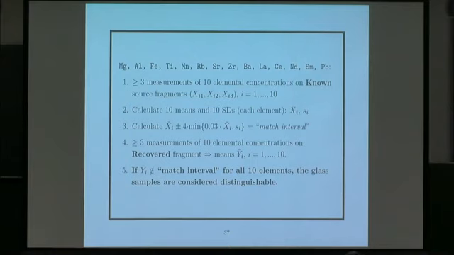Calculate those 10 means and those 10 standard deviations, and calculate X bar plus or minus 4 times the standard deviation, which is either 3% of the mean or the actual standard deviation that you calculated, and they're going to call that the match interval. And then take 3 more measurements on the recovered fragment, and do the same thing.